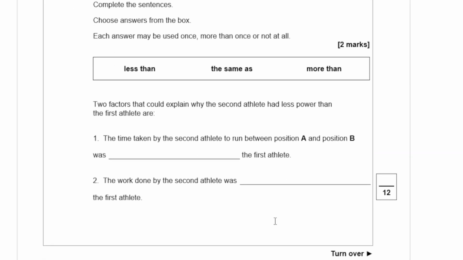Two factors that could explain why the second athlete has less power than the first athlete were: the time taken for the second athlete to run between position A and B was, remember again, power is energy divided by the time. If you increase the time, that means the power is going to go down. So the time taken was more than.